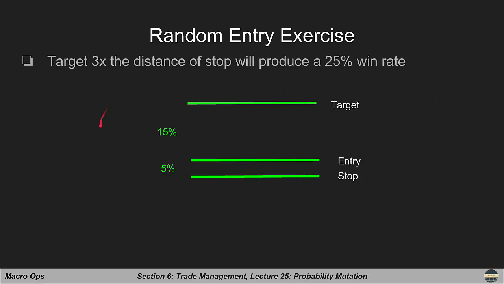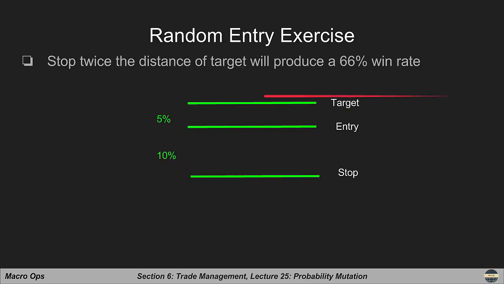If we took it even further and did a 3x, so a 5% stop with a 15% target, you're going to see that create around a 25% win rate. Then if we inverted the reward to risk and instead did a 10% stop with a 5% target, you will actually see this completely random system win about 66% of the time.